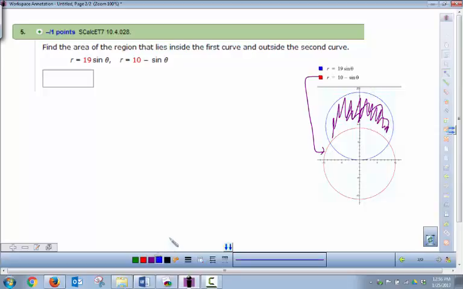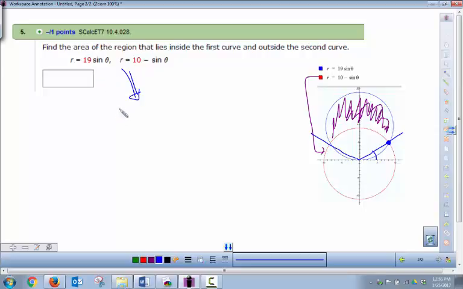What else would be useful for us would be the angles that would make these areas, because we're going to need the starting and ending angles for the areas. So we're going to be interested in angles where these two graphs intersect. Usually to find an intersection we can just set things equal to each other, and that makes sense here.